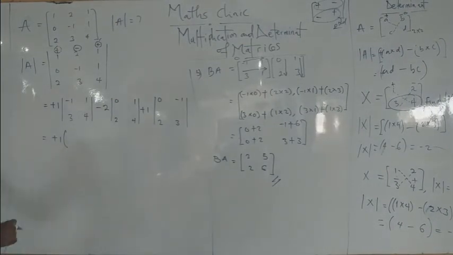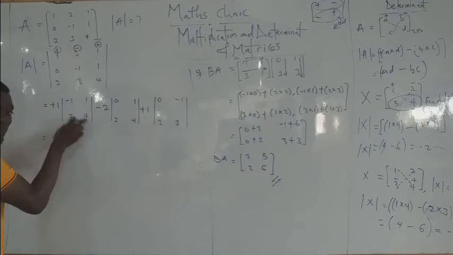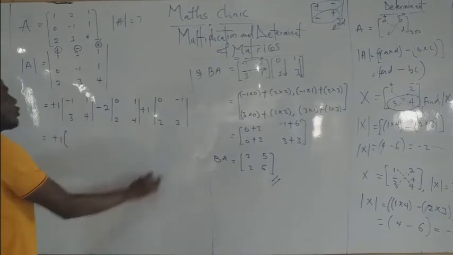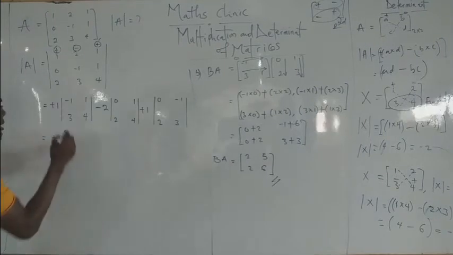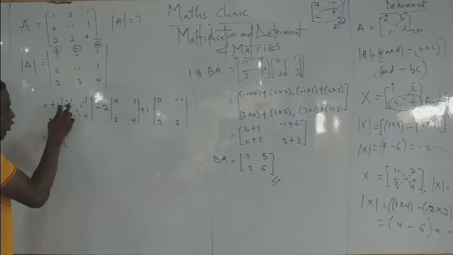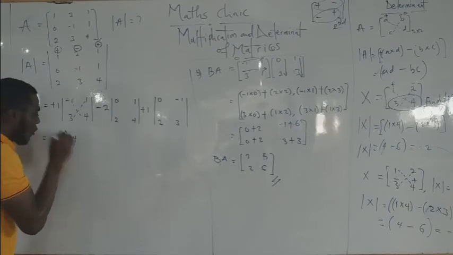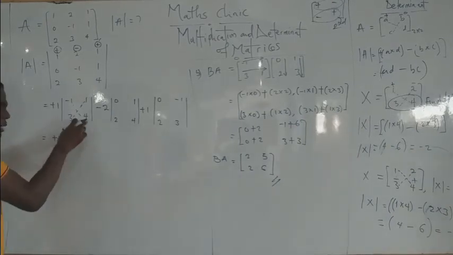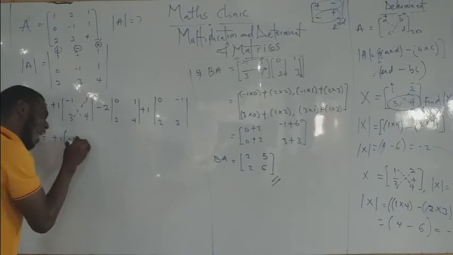You can see now into bracket, this is now a 2 by 2 matrix. 2 by 2, 2 by 2. Then the way we're going to look for the determinant now, just like the other one, that becomes minus 1 times 4, that's minus 4.